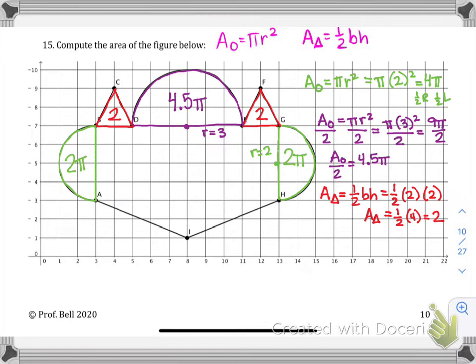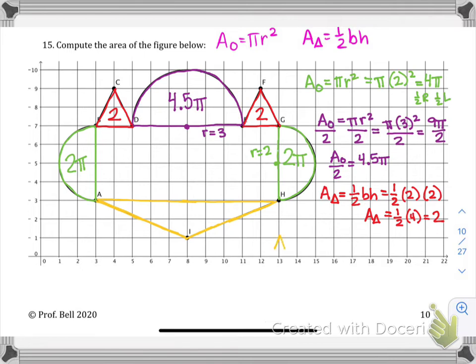Okay, I'm going to move down to the bottom of the figure and find the area of the triangle on the bottom, which I just cannot remember what color we used in class. So I'm going to go with yellow. Hopefully we can see it. Yep, it's pretty clear. Okay, so I'm going to measure its base and height.